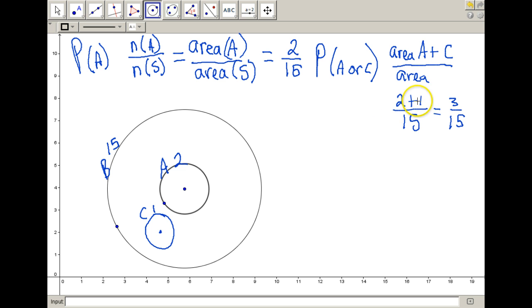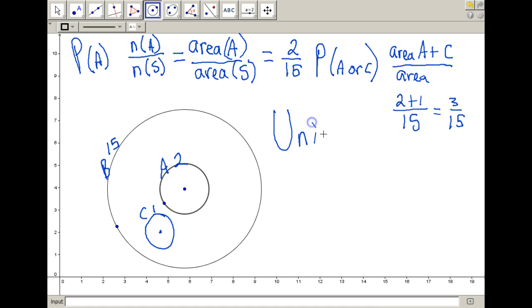So all we're really doing is taking the probability of one space and adding the probability of the other space, geometrically. That's all we do. And really that's all you're doing with any probabilities that you figure out, whether you're using geometric probabilities or just sample spaces. You're just adding together the probabilities of both. This is what happens when we have a union.